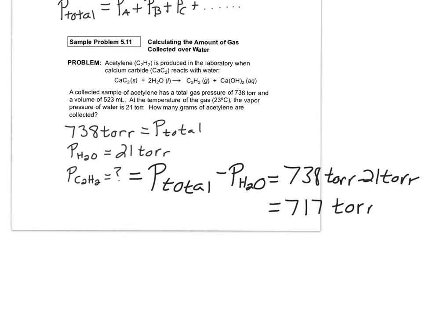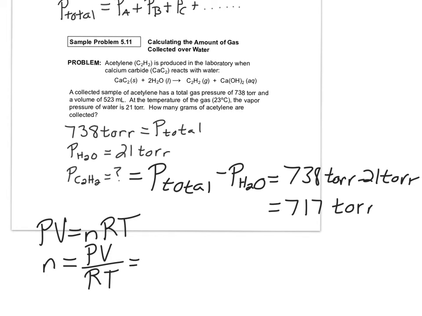So now I know the partial pressure of the acetylene, and I know that PV is equal to nRT, and I need to know the mass of the acetylene so that I can use moles to figure that out, once I know the molar mass of acetylene. So n is going to equal PV divided by RT, which is going to equal.